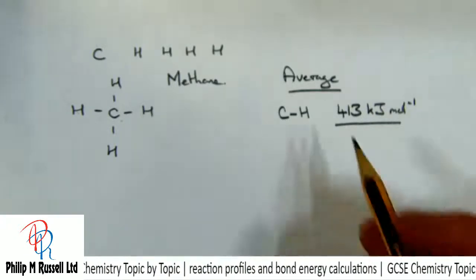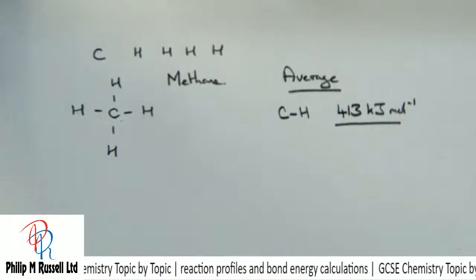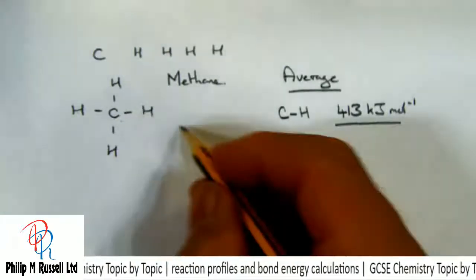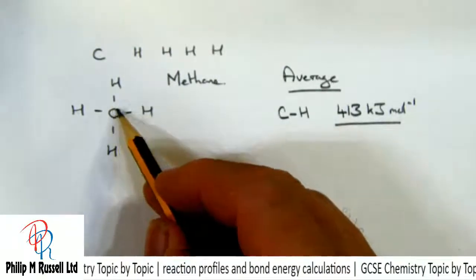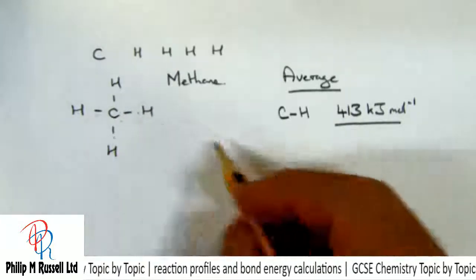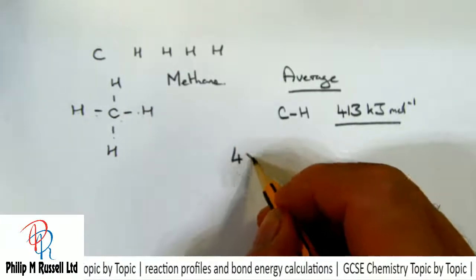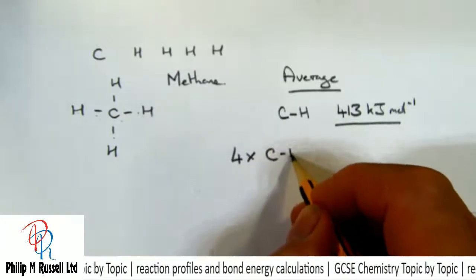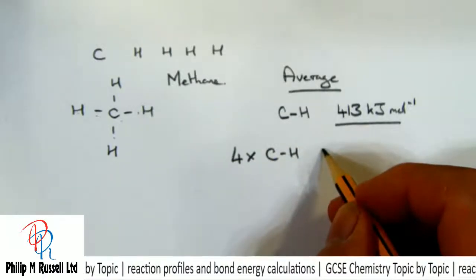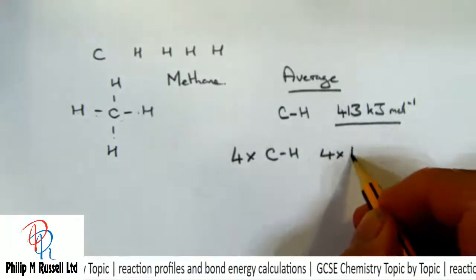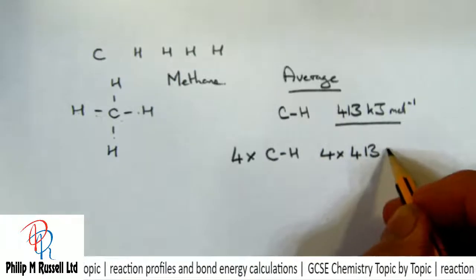So I've got this energy. How many of these bonds have I got? Well, I've got 1, 2, 3, 4 of them. So I've got 4 times my C-H bond. In other words, that's going to be 4 times 413.